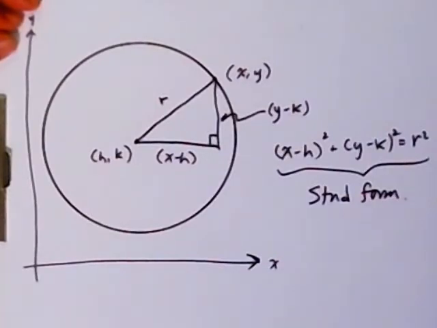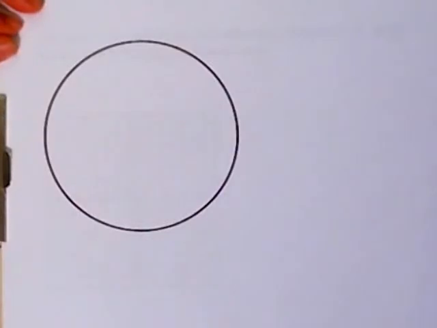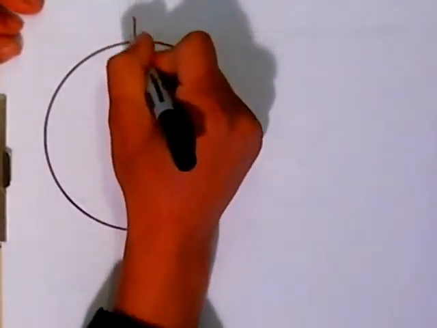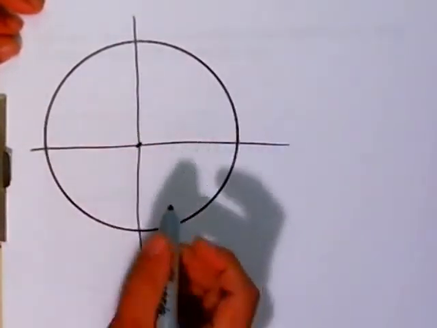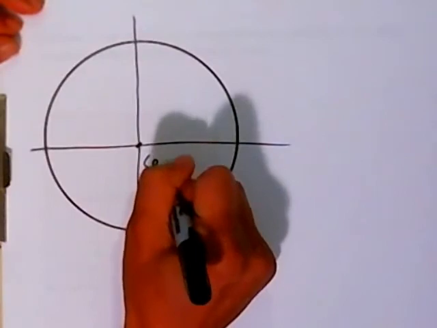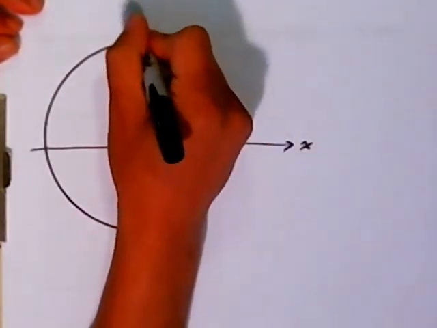What else do we want to know about this? Oh yes. The second thing I want to go over is the case where your center is at the origin, 0, 0. Here's your x and here's your y direction.